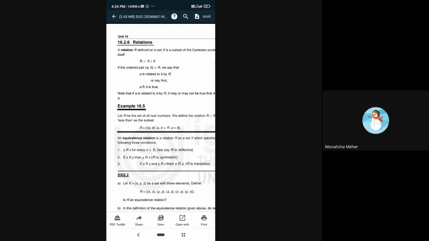If A is related to B by capital R, it may or may not be true that B is related to A. An equivalence relation is a relation capital R on a set capital X which satisfies the following three conditions. Conditions 1, 2, and 3 are shown on the screen. The first one is called reflexive, second one is symmetric, and third one transitive.